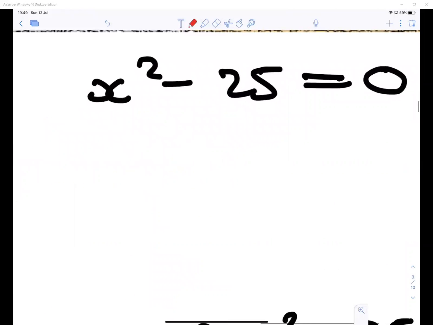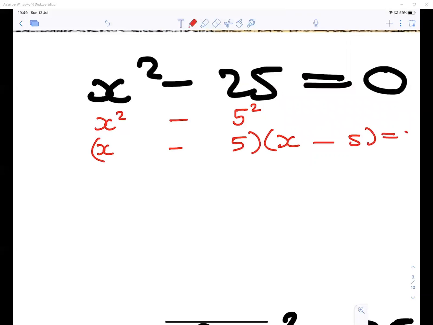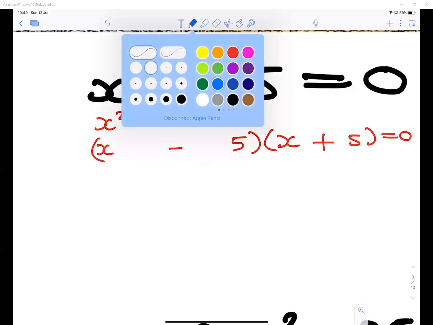x squared minus 25. What happens? The x squared just drops down, and then 25 is 5 squared in disguise. And then what do we drop down? The x and the minus and the 5. And then we rewrite it exactly the same, but we change the second minus into a plus. And then what do we do then?